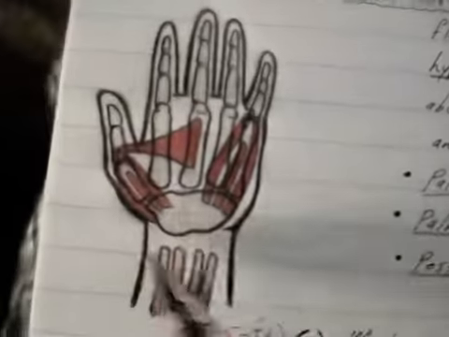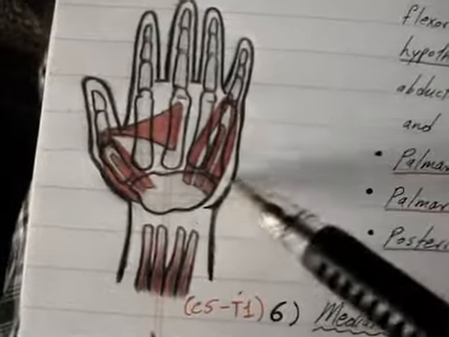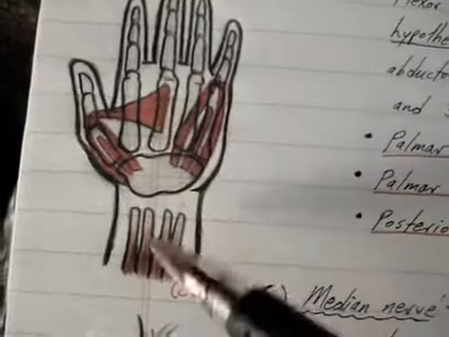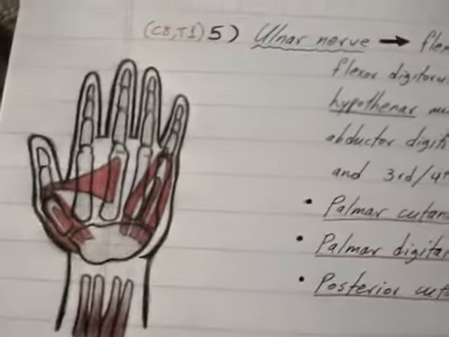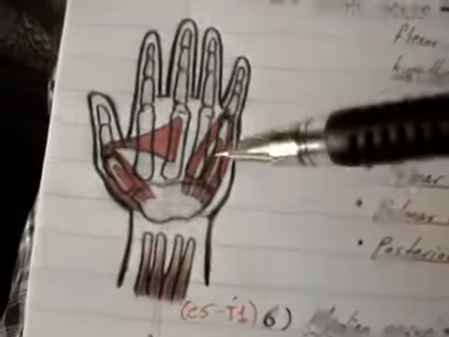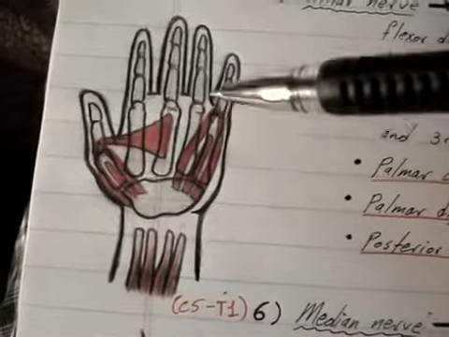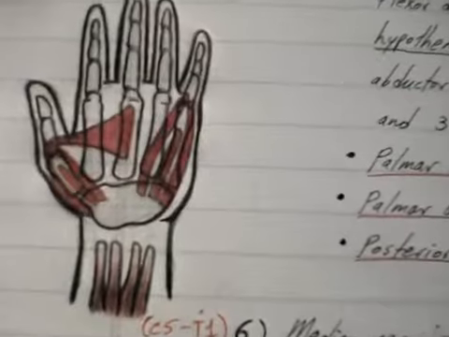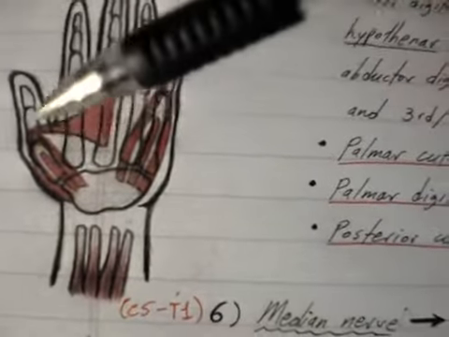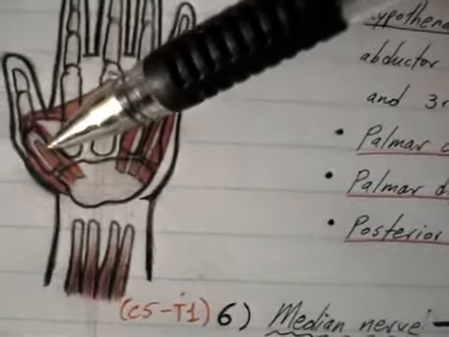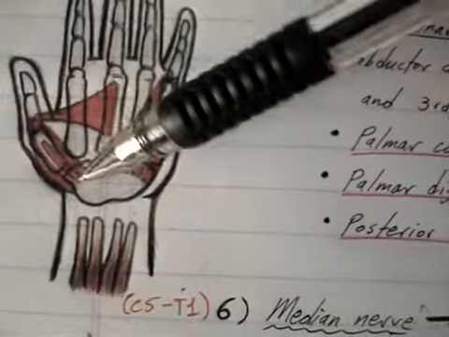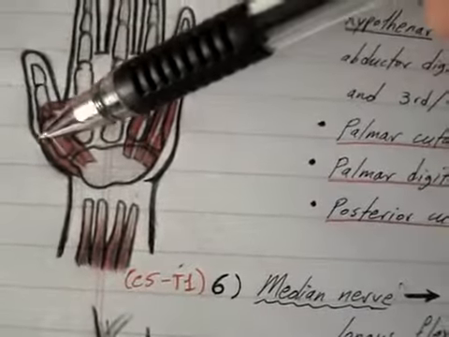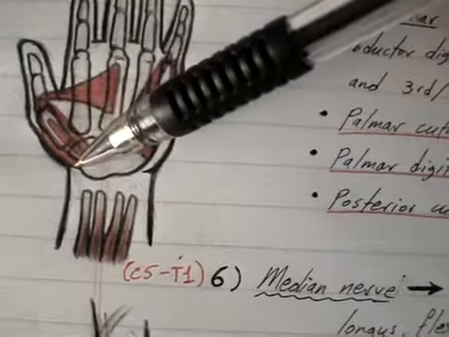Within the hand, we said that the hypothenar and the adductor pollicis muscles were innervated by the ulnar nerve, as well as the third and fourth lumbricals, which are not shown here, which means that whatever is left is innervated by the median nerve, and those are the thenar muscles, which include the opponens pollicis, flexor pollicis brevis, and abductor pollicis brevis.